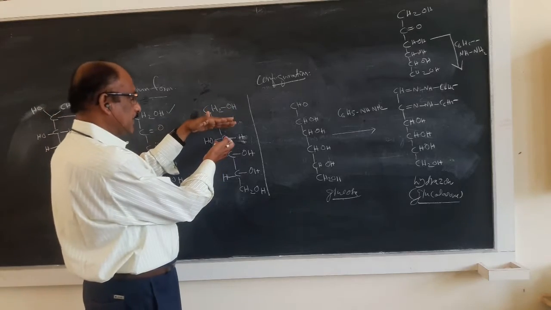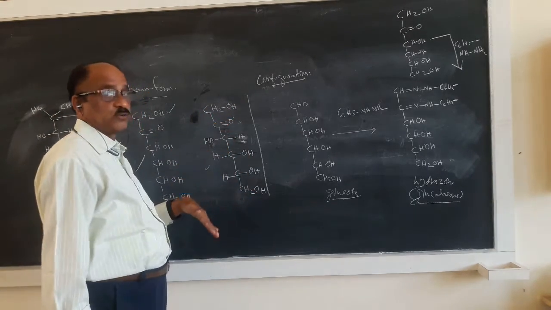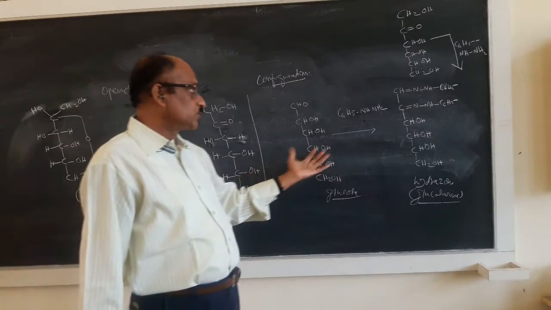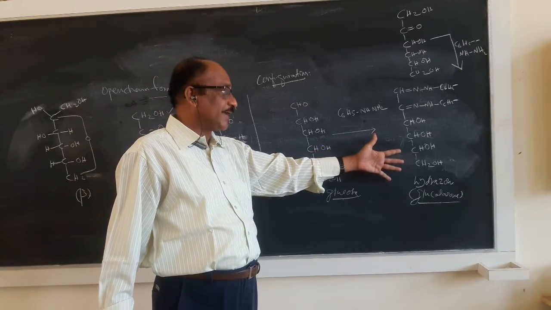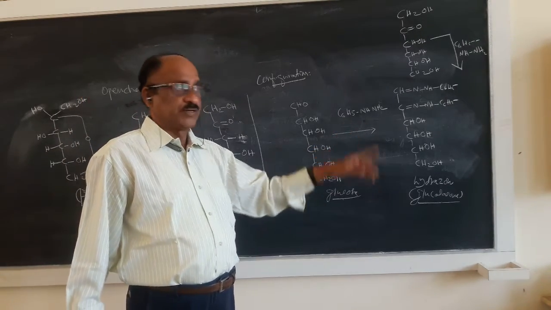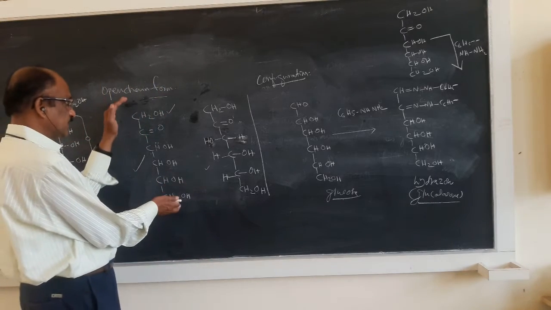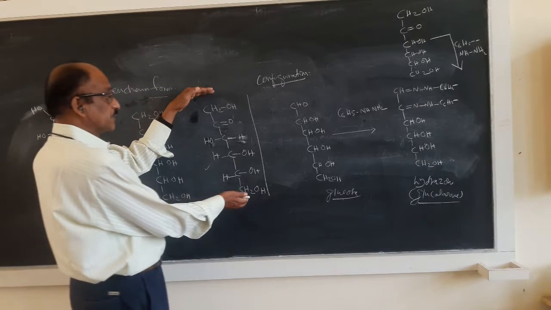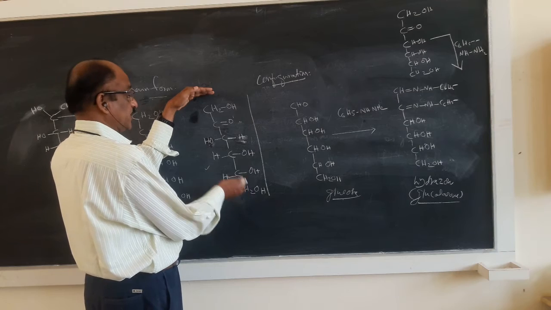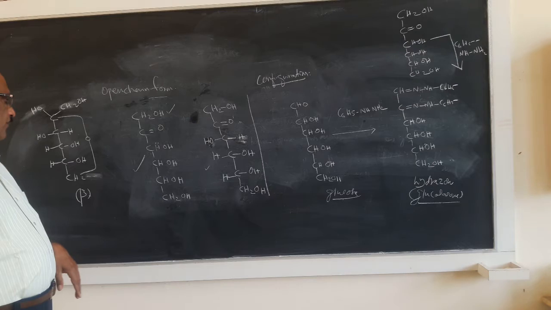The lower part containing 4 carbon atoms has a similar configuration in glucose and fructose because they give the same type of glucosazone when reacting with phenylhydrazine. So that is why this is the rough structure of fructose molecule, and this is the configuration of fructose molecule. Fructose molecule's configuration is like this.